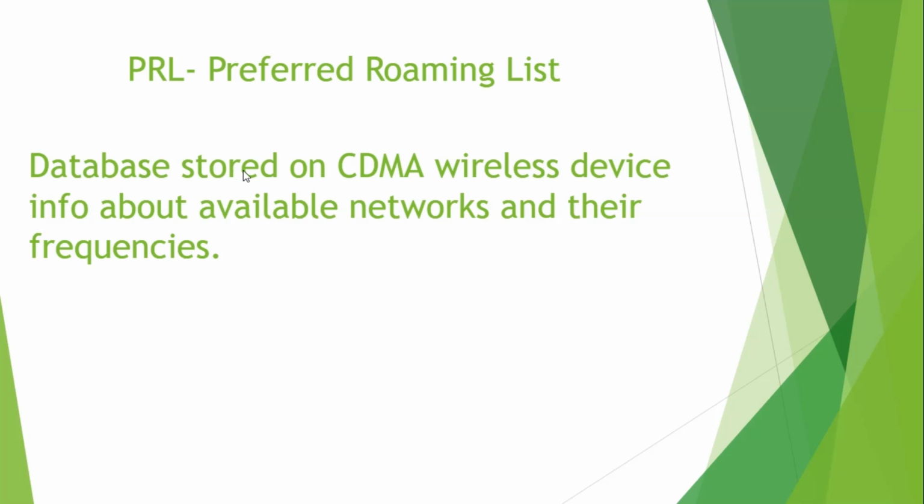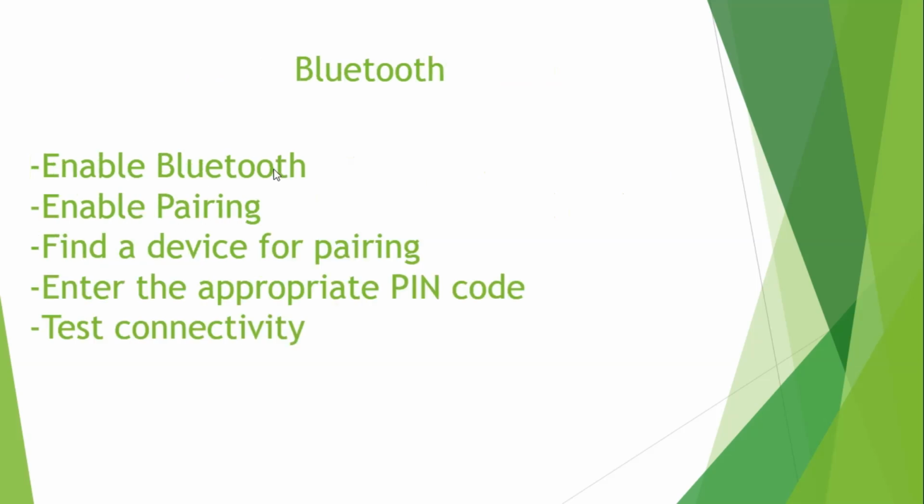I put here: database stored on a CDMA wireless device with info about available networks and their frequencies. So just think of it as literally your phone being a baseball coach, telling you, hey, this person's up, hey, this person's up, so to speak. And the person that's up would be basically the cellular tower. So that's the preferred roaming list. Let's go on to the next one, Bluetooth.